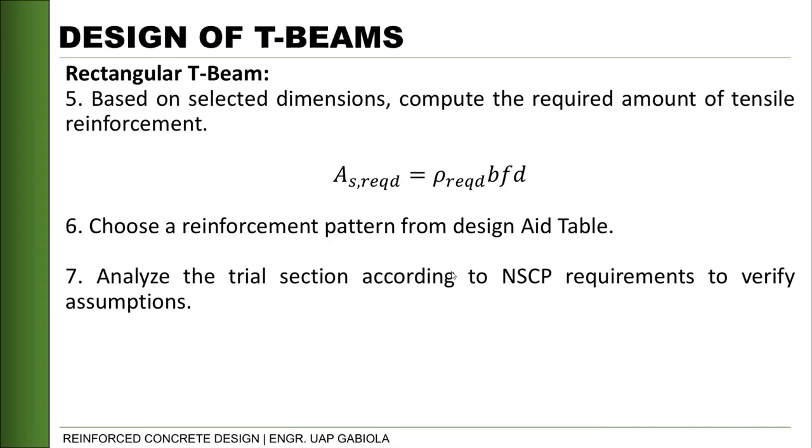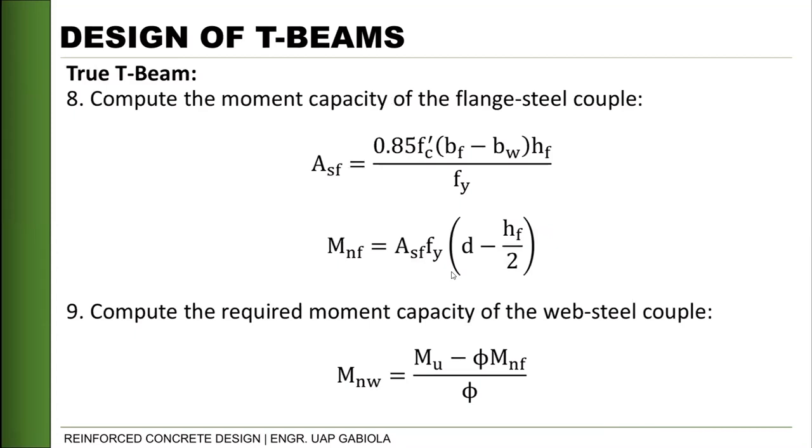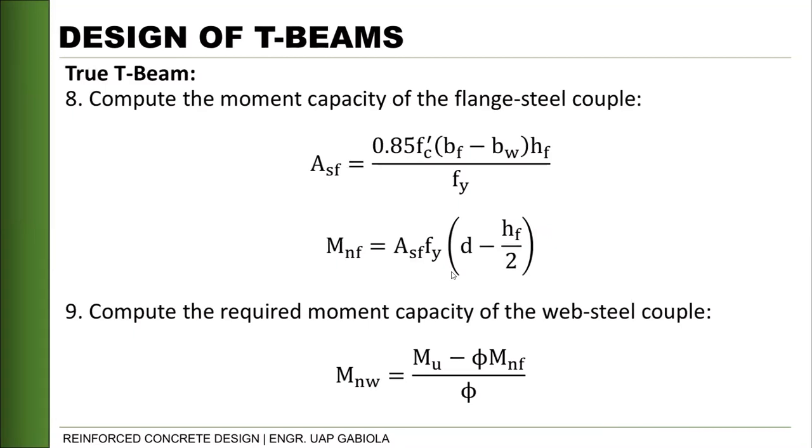Okay, and then if our T-beam is a true T-beam, we proceed with the calculation of the first portion of our decomposed section. So we try to identify the area required for the flanges.